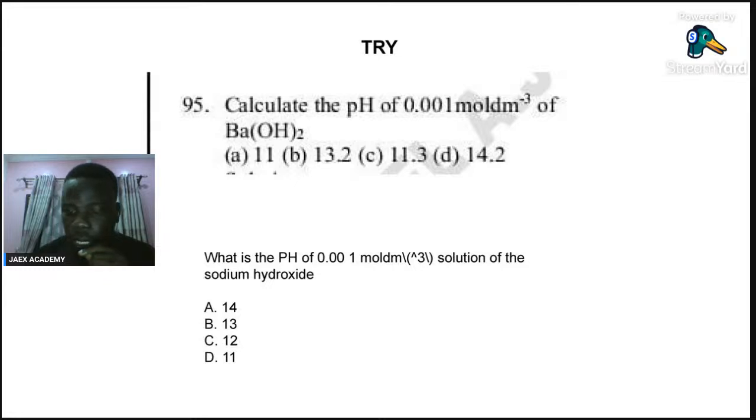You see where I'm typing right now: 14. Then if we collect like terms, pOH equals 14 minus 3, we get 11.